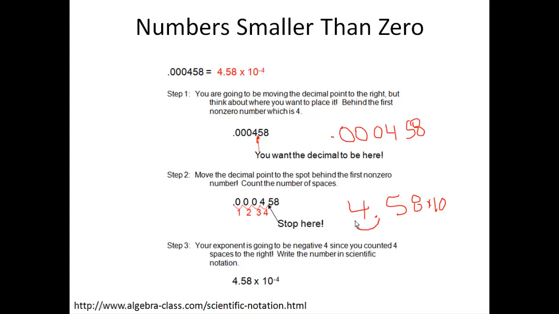So I went 1, 2, here's a 0, 3, here's a 0, and 4. There's a 0. So I had to go over 1, 2, 3, 4. And since this number starting out is much smaller than 0, right? So I come up here and say it's minus 4. See the little minus symbol? Sometimes it's hard to see it. Okay.